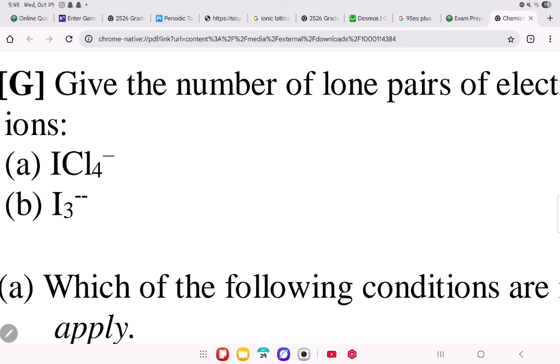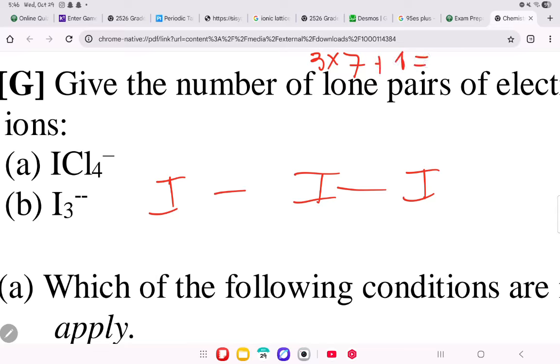Now for I3 minus, we have I, I, and I. So it's basically 3 times 7, because they're all in group 7, plus 1, because it's minus. So 3 times 7 plus 1, that's gonna be 22, right? 22, subtract from it the number of electrons.